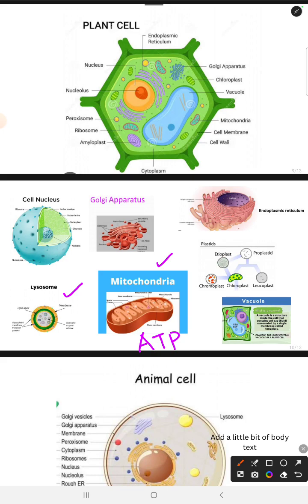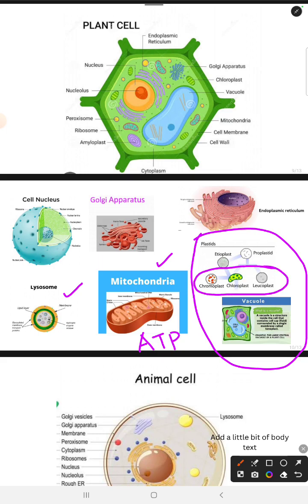Then these organelles are all present in the plant cells, and the two basic things present in the plant cell in good quantity are plastids and vacuoles. Plastids are basically of three main types, that is the leucoplast, chloroplast and the chromoplast.